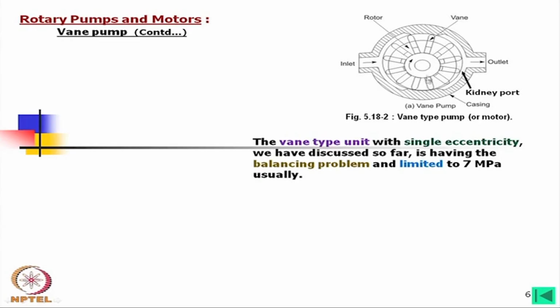However, all these vanes are reciprocating. So, there will be dynamics, there will be vibration and a balancing problem. Now, as such, for a single pump, this cannot be eliminated.